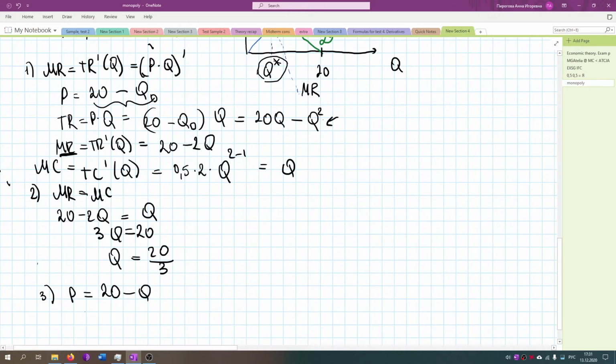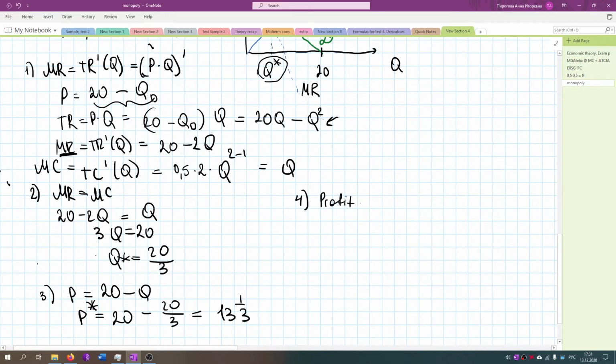So let's put our optimal quantity into this function. 20 minus 20 divided by 3 is equal to 13 and 1/3. So we have found our optimal price and optimal quantity. And now let's calculate our profit.